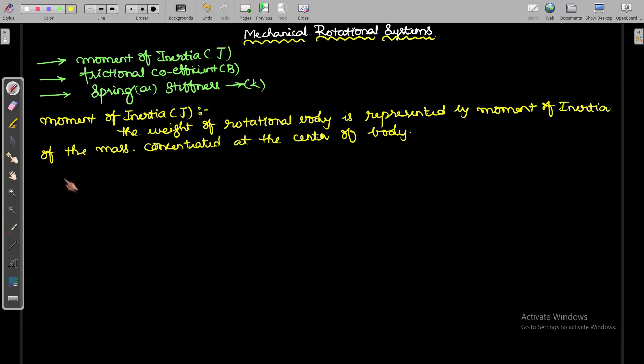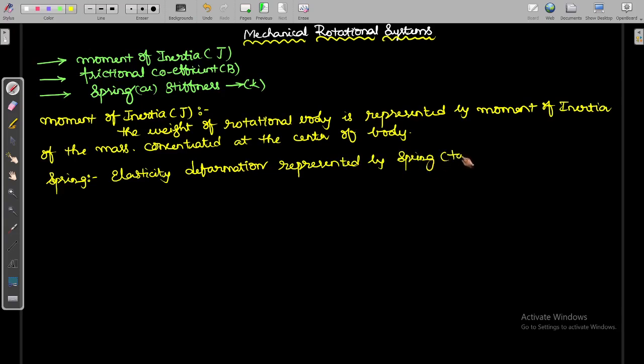Next, whenever you have the spring constant, the spring is represented as elastic deformation. For the representation of elastic deformation, we take the spring constant K, represented by a spring or torsional spring.